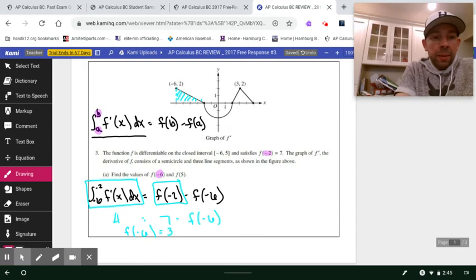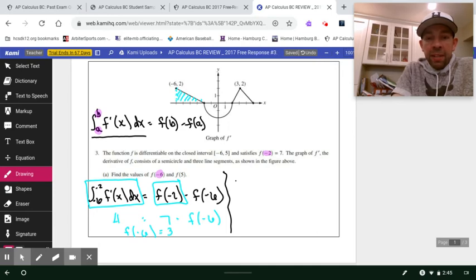Bada bing. All right, now we use the same process, but start fresh here to find f of 5. This time, I'm going to use -2 as the lower bound and 5 as the upper bound, just because I want the lower bound to be the smaller of the two numbers. And again, this is going to be f of 5 minus f of -2.